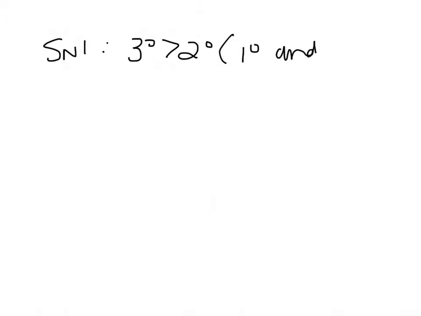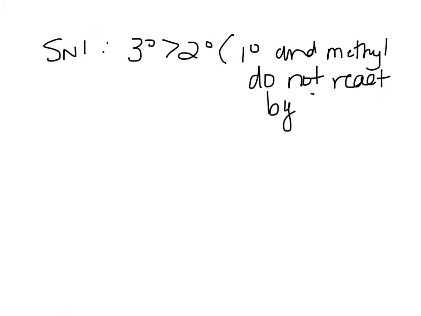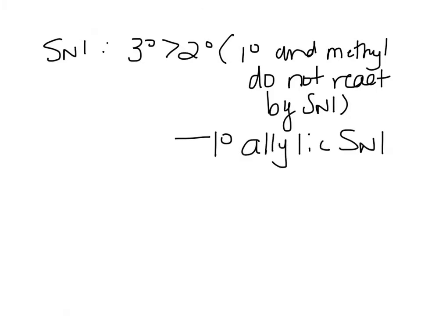So for SN1, tertiary is better than secondary. Okay. Primary and methyl do not react by SN1. Be aware that you can have a primary allylic that will go by SN1.